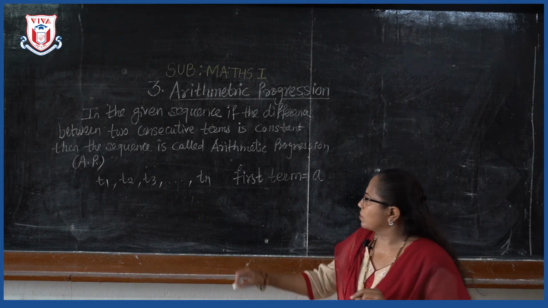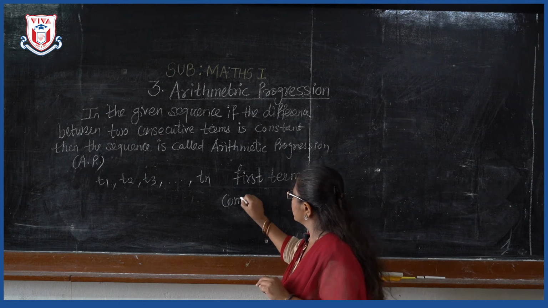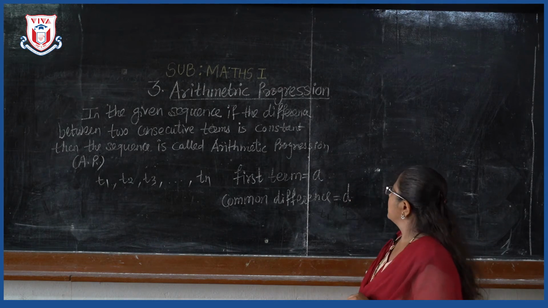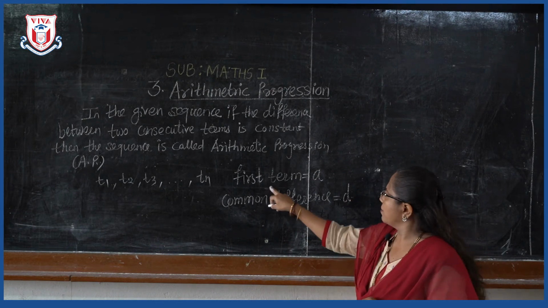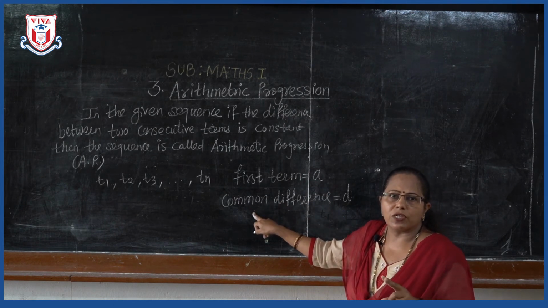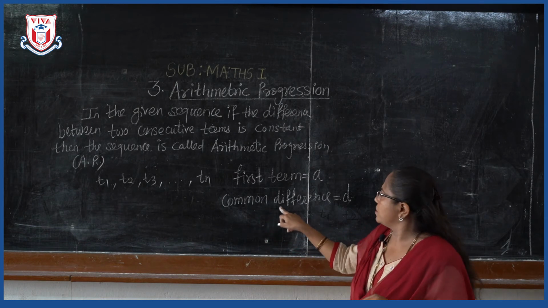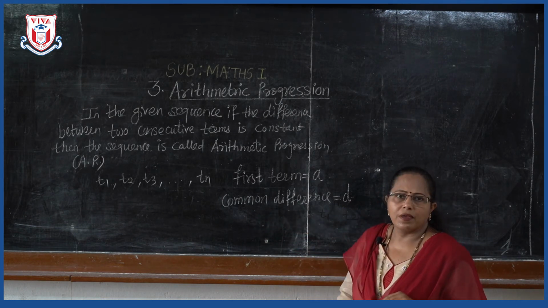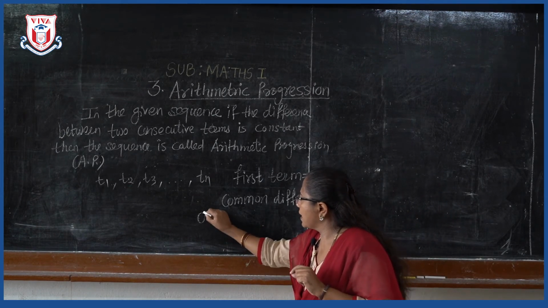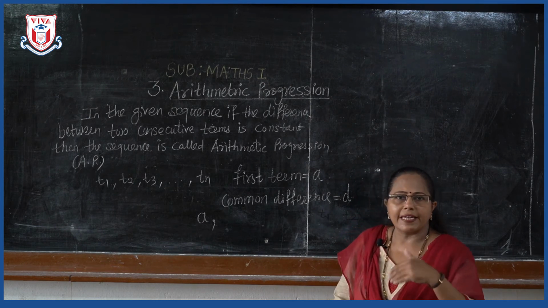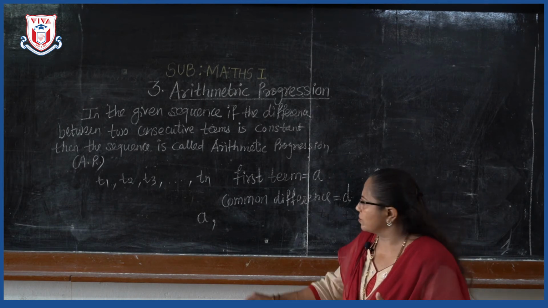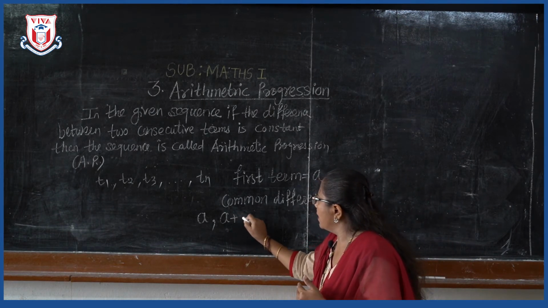This difference is called the common difference and it is denoted as D. First term is denoted as A and the common difference is denoted as D. So we can represent the sequence as: suppose the first term is A. To get the next term, what we have to do? We have to add the common difference. So the next term is A plus D.